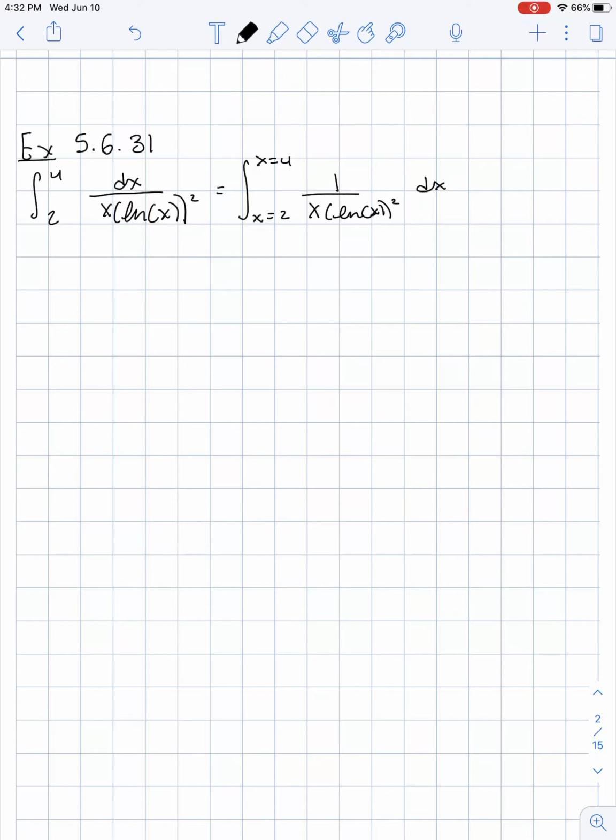But I see that I have a 1 over x right here, and I know that's the derivative of ln of x. So I'm going to try u equals ln of x, and du is going to be 1 over x times dx, and we're just going to see how that goes, okay?